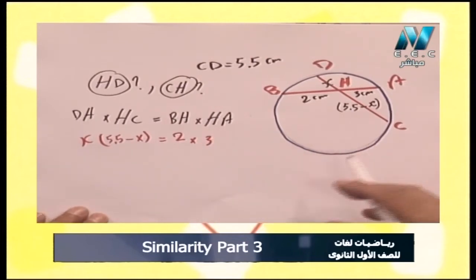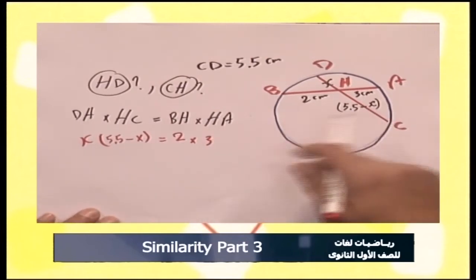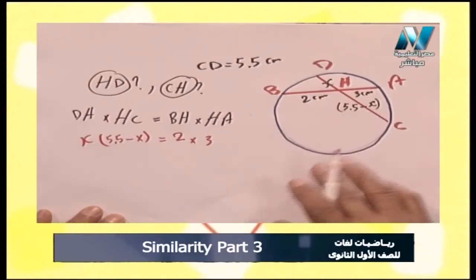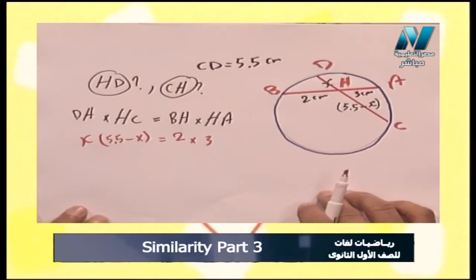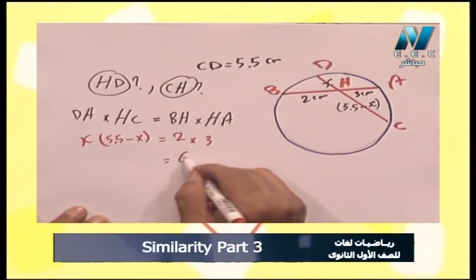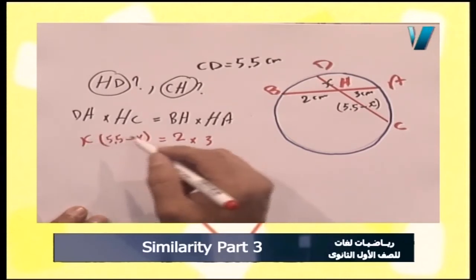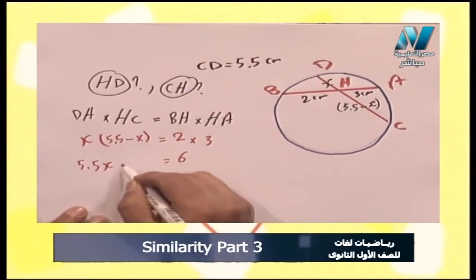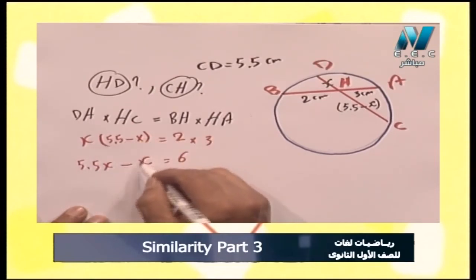And these lengths are not to scale, so concentrate only on the numbers. We have here 2 times 3 equals 6. X multiplied by 5.5 will be 5.5x minus x times x, equal x power 2.